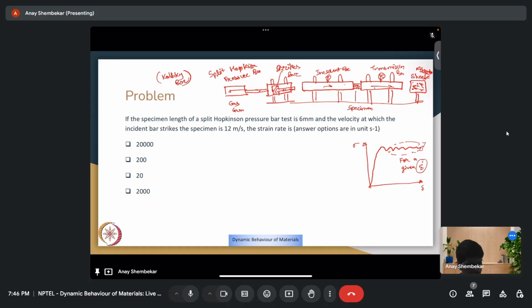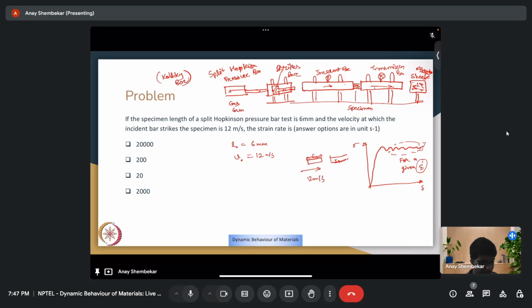So here we are told that there is a specimen length L naught equal to 6 mm, and then the striker bar will hit the incident bar at 12 meter per second.